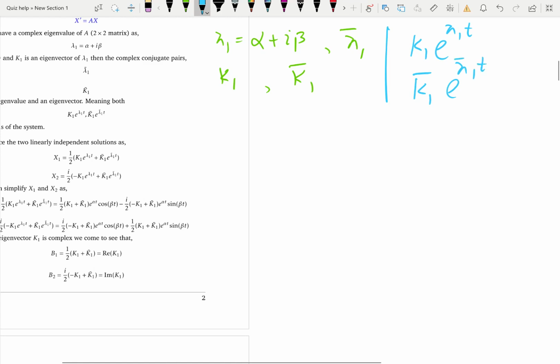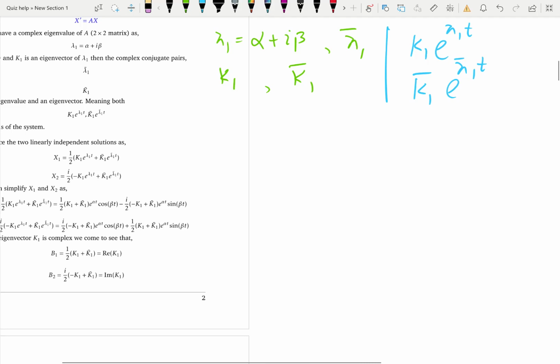This is the assumption that we made at the very beginning of the section: our solution should look like the eigenvector times e to the corresponding eigenvalue. So going by that theory, these are the two solutions. Now you can take a linear combination of them.